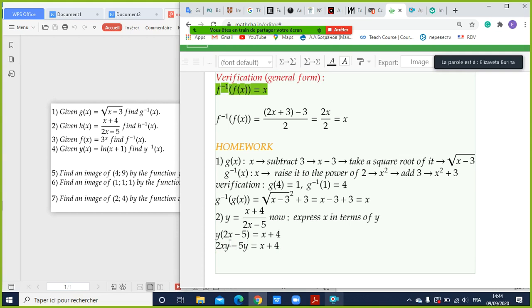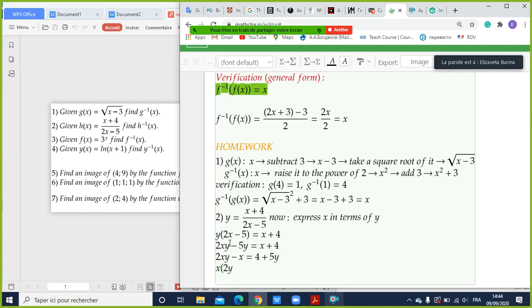So now we have to get x somehow. Well, let's group all x's on the left and all not x's on the right. So we still have this, then we do minus x, and that will equal 4 plus 5y. Correct? Yeah, I think so. Good. Then now we can just factor x on the left.